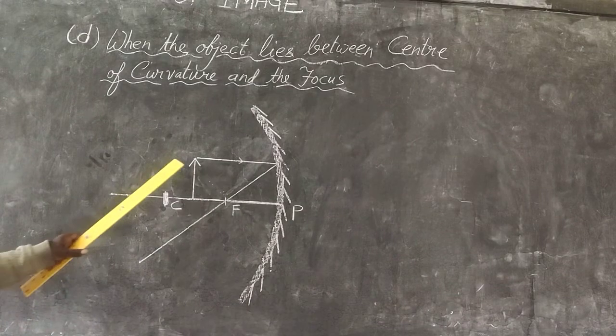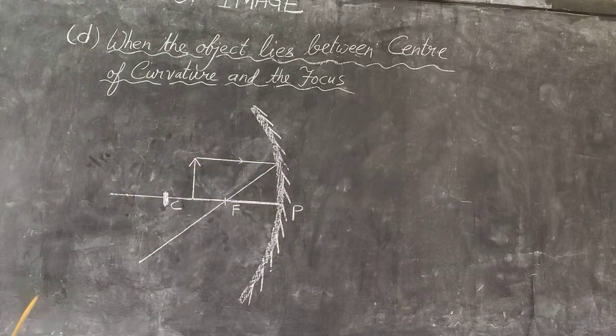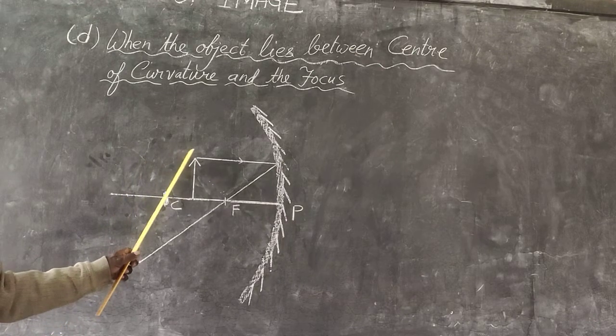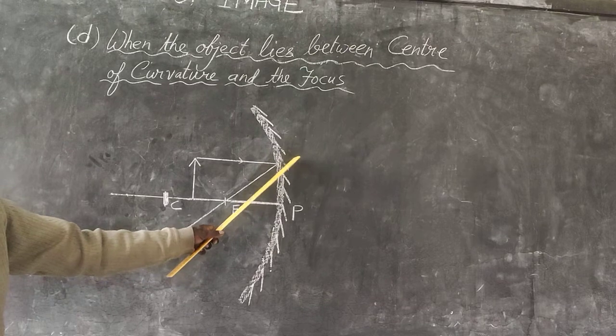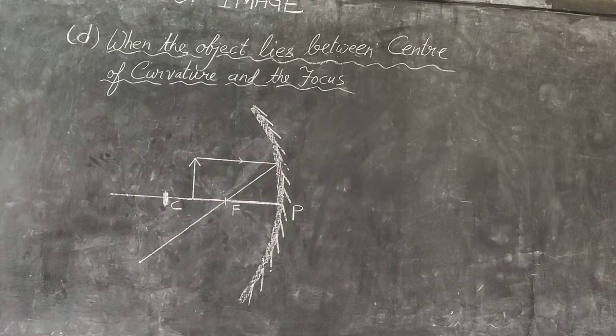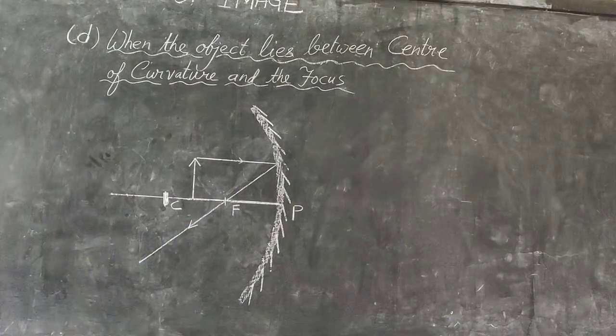One ray parallel to the principal axis from this same tip from where we have been drawing the incident ray. From this same tip, one ray is taken incident parallel to the principal axis on the mirror, and after reflecting, it passes through this focus and goes. Okay, so this is the reflected ray.